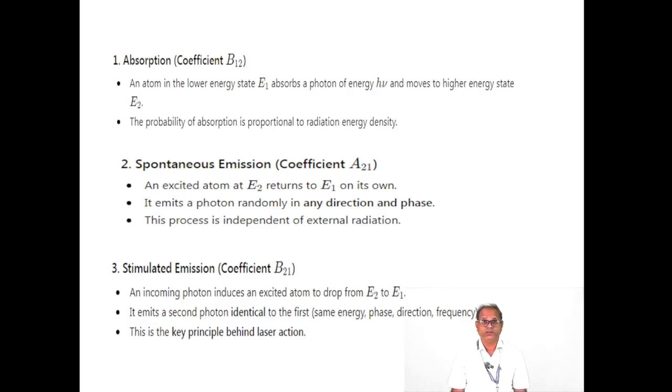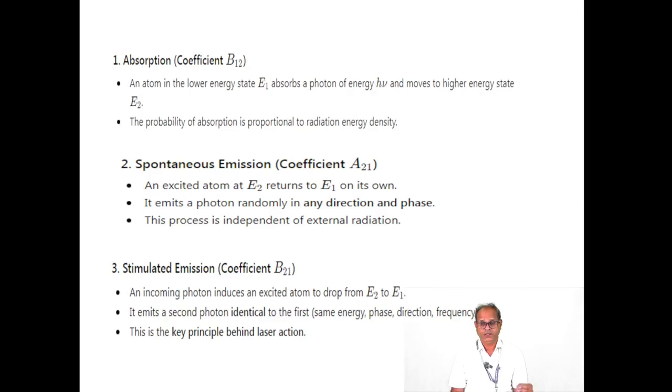In stimulated emission, the atom drops from the higher energy state to the lower energy state, but with the help of an external photon, which stimulates it. When I talk about the rate of stimulated emission, it depends obviously on the number of atoms present in the excited state, but with one more factor. Which is that one more factor?